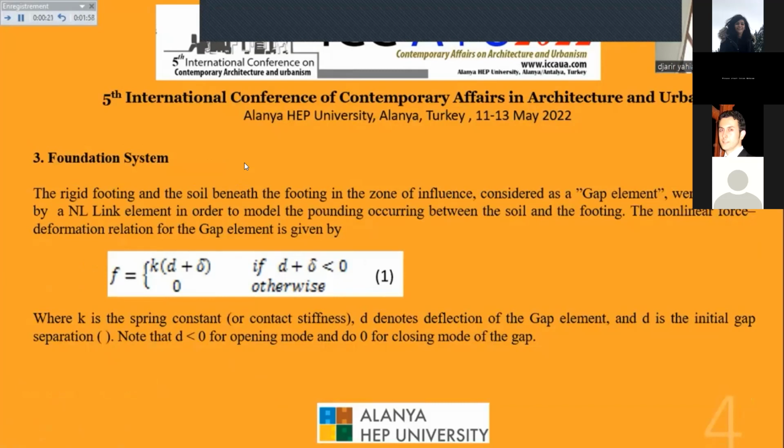The nonlinear force deformation relation for the gap element is given by where K is the spring constant or contact stiffness, D denotes deflection of the gap element, and D0 is the initial gap separation. Note that D less than 0 for opening mode and D greater than 0 for closing mode of the gap.